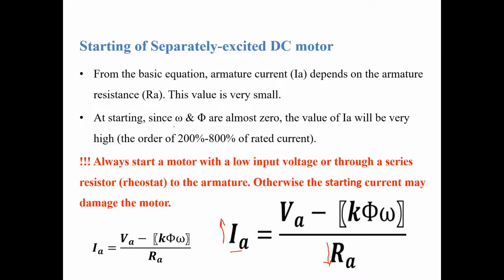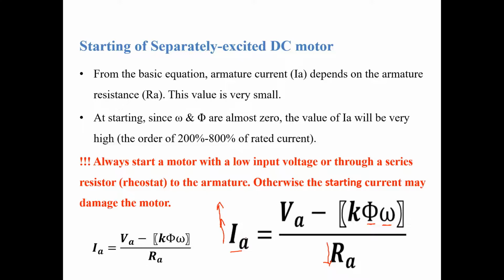And at starting, the speed and the flux are almost zero, especially the speed is zero. If the speed is zero, this quantity will be zero. So IA will significantly increase.